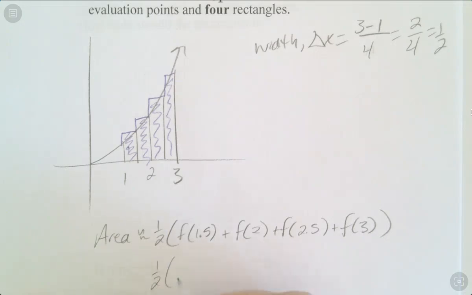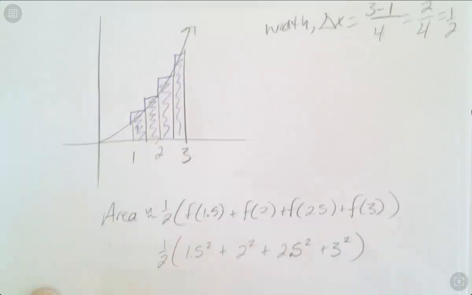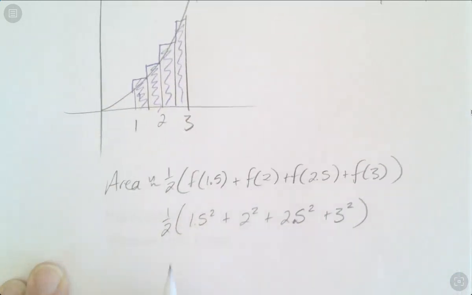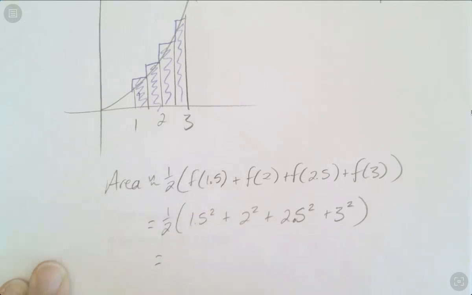So then we're looking at 1/2 times whatever 1.5 squared is, plus 2 squared, plus 2.5 squared, plus 3 squared, and you put all that in your calculator. Notice that the actual calculation is not complicated, right? There's nothing more than what you did in middle school, squaring, adding, but the concept is the calculus. So 10.75.